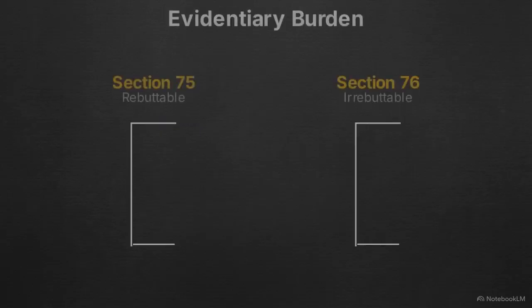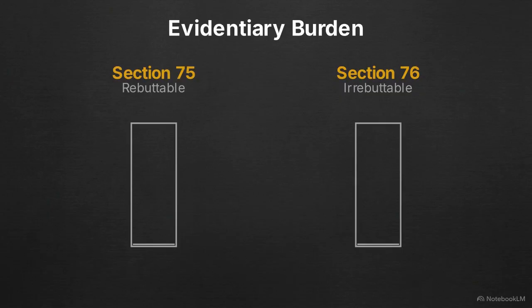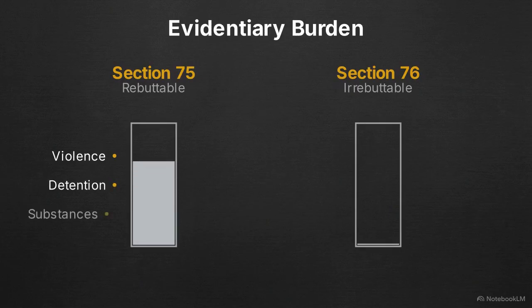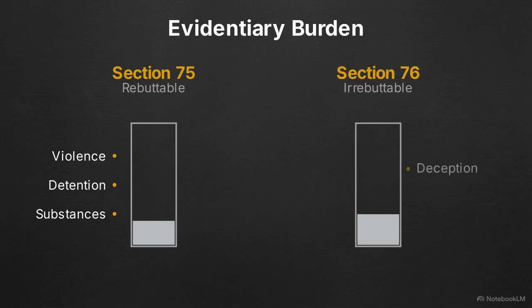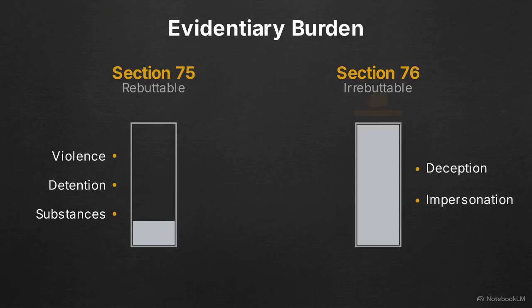Sections 75 and 76 shift the evidentiary burden. Section 75 establishes rebuttable presumptions for lack of consent, triggered by violence, detention, or stupefying substances, requiring the defendant to produce contrary evidence. Section 76 establishes irrebuttable presumptions if the defendant deceives or impersonates someone.